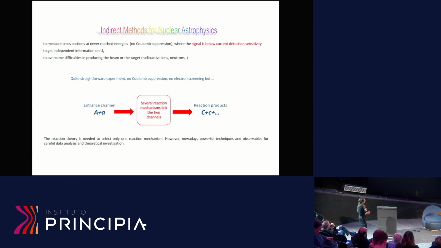The main thing you have to consider is that essentially you are not measuring the right reaction you need, and so you have to get it from another reaction. So we say that the entrance channel that you measure and the reaction products can be linked by several reaction mechanisms, and so you have to select the proper one, and to do that you need a reaction theory.